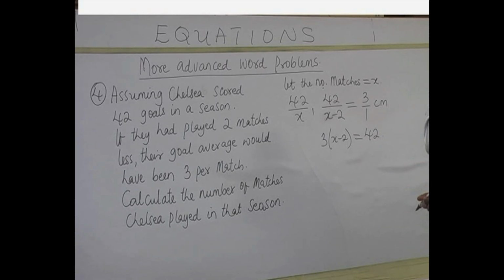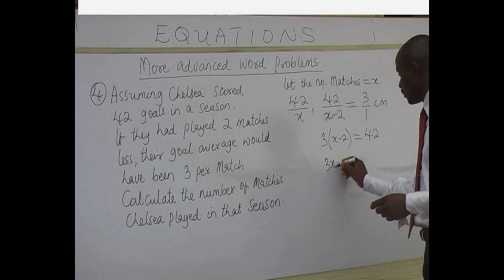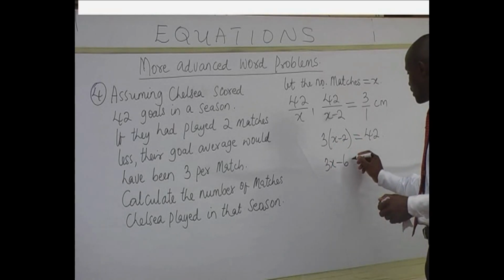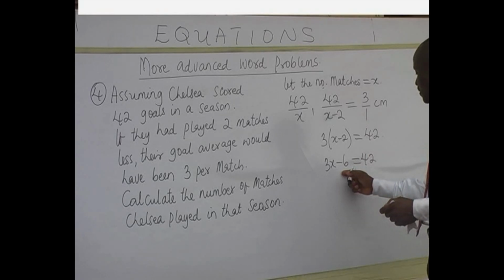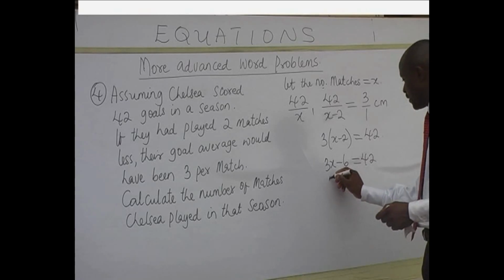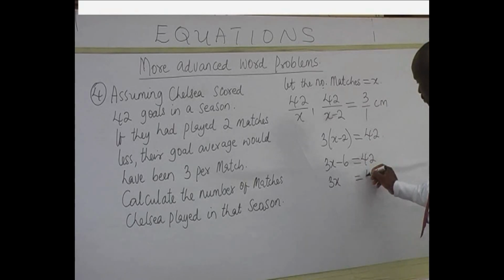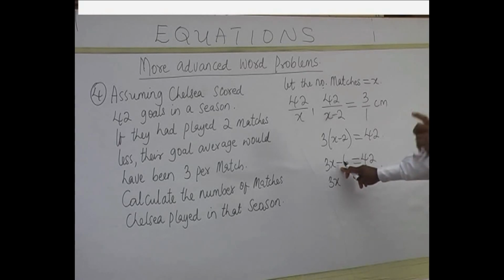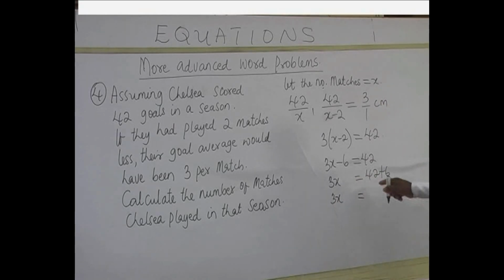Remove the bracket. 3 times x will give you 3x. 3 times minus 2 will give you minus 6. It's equal to 42. Take minus 6 from the left hand side to the right hand side. You'll be left with only 3x in the left hand side, and it's going to be equal to 42 plus 6. Remember, when minus 6 is leaving the left hand side to the right hand side it changes to plus 6. 42 plus 6 will give you 48.